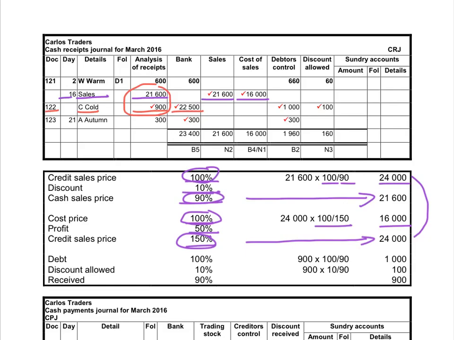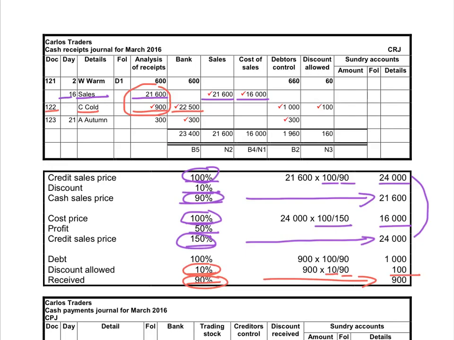Then we have to show this C Gold, we received 90% of his debt, and that was equal to 900 Rand. If we want to know what was the 10% discount, we will multiply with the one that we want to know, divide by the one that's known, 900, and that will give me 100 Rand.